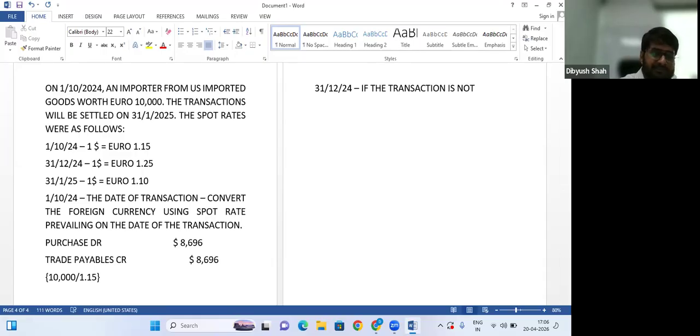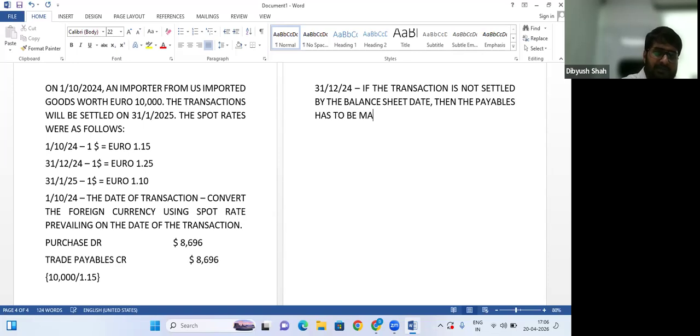But if the transaction is not settled by the balance sheet date, then the payables have to be marked to market. This is what we call MTM in market terminology.